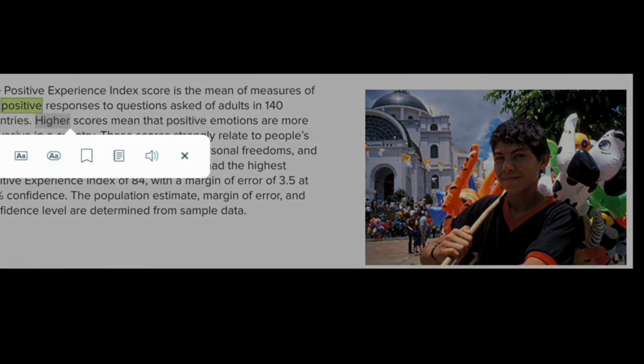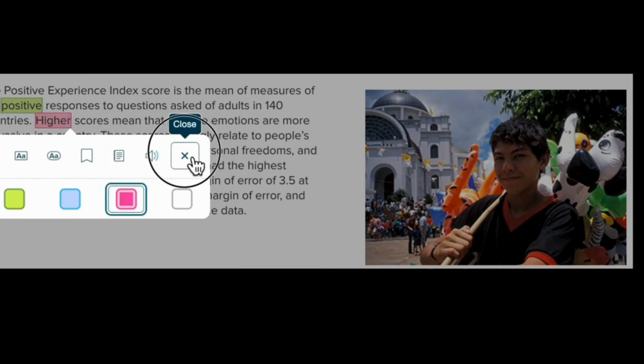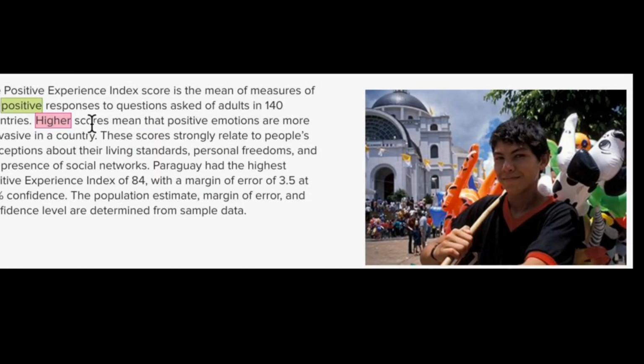Higher scores mean that positive emotions are more pervasive, more prevalent, happen more in these countries. These scores strongly relate to people's perceptions about living standards and personal freedoms and the presence of social networks or the ability to take care of yourself, like medical, health, police.